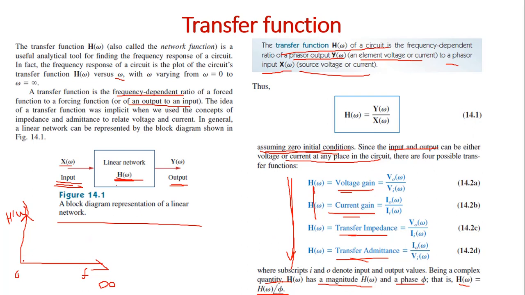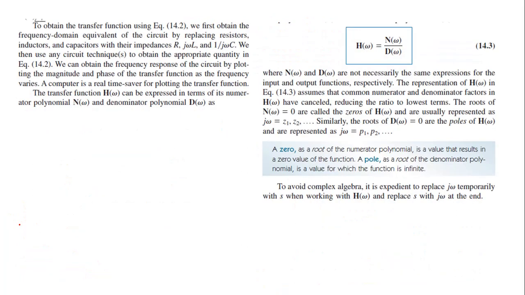Now plot the transfer function with respect to frequency. By varying frequency, we find what the phase and the magnitude are. Phase is phi and magnitude is H. This is how we will be finding the frequency response.